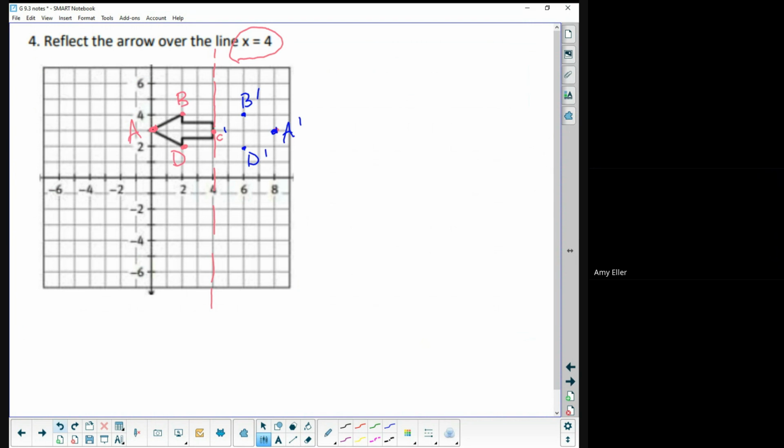C stays in place. We call that remains fixed. C remains fixed. It's in a fixed spot. It didn't move.